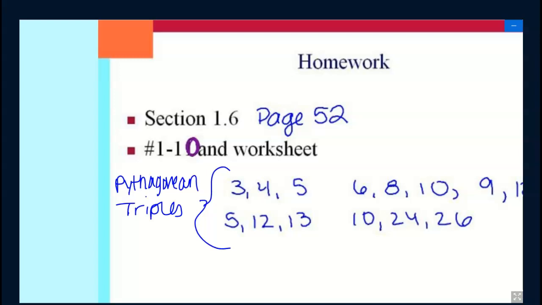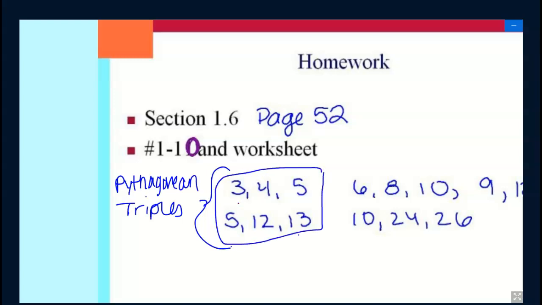We have 2 main Pythagorean triples, and then we just use their multiples. So the 2 main ones are 3, 4, 5, and 5, 12, 13. A 6, 8, 10, a 10, 24, 26. These are all variations of that. So basically you can multiply these 2 original Pythagorean triples.